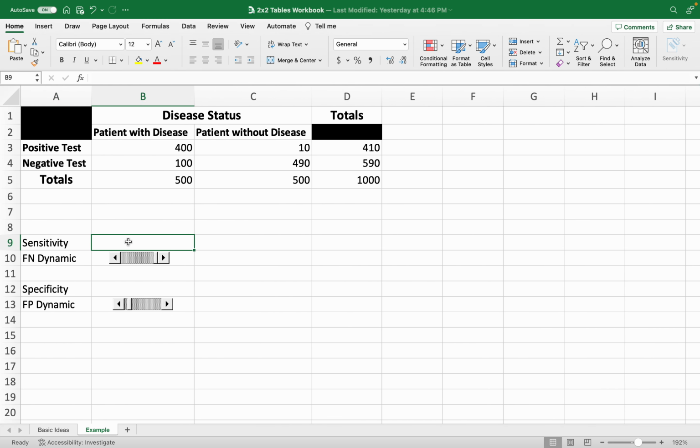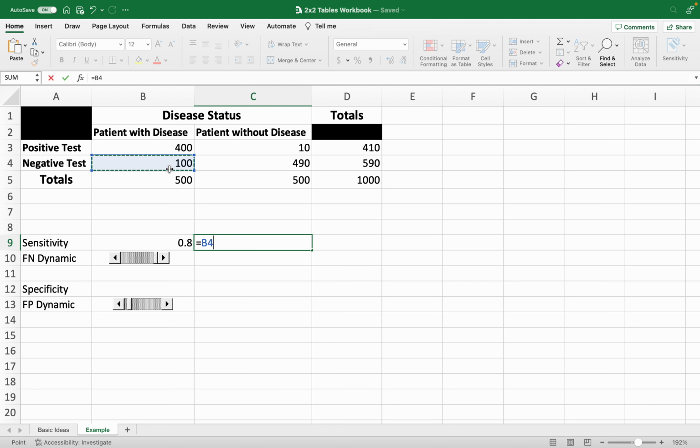And so I've created this little table here, and we're going to look at the sensitivity. So it's the true positives divided by true positives plus false negatives. So right now, the sensitivity of this test is 80%. Which means that the false negative rate is here with the same denominator.